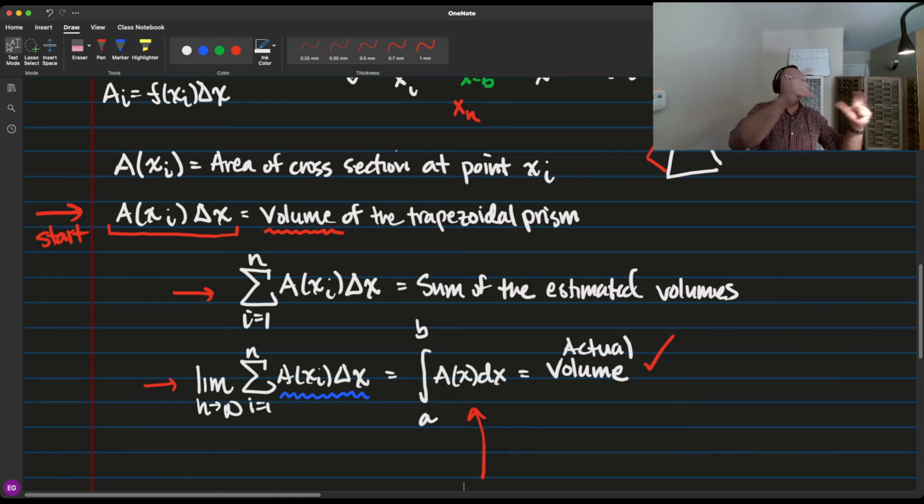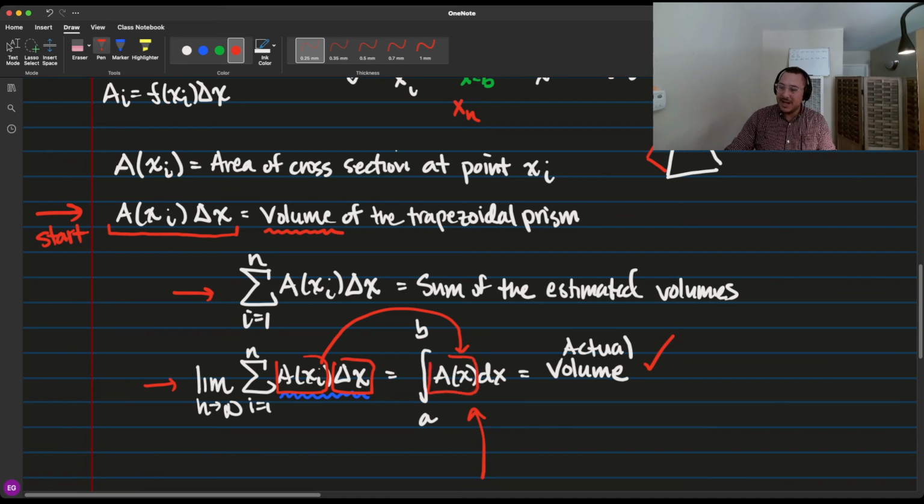And then you take the limit of that, and that tells me what I'm integrating over here. Notice there's a similarity. Do you see how there's an A of x and a delta x, and there's an A of x and a dx? That's on purpose. You should notice that. You always have to have that delta x there somewhere. If you don't have this delta x, you can't transform into the definite integral, which is a very common mistake that people make.